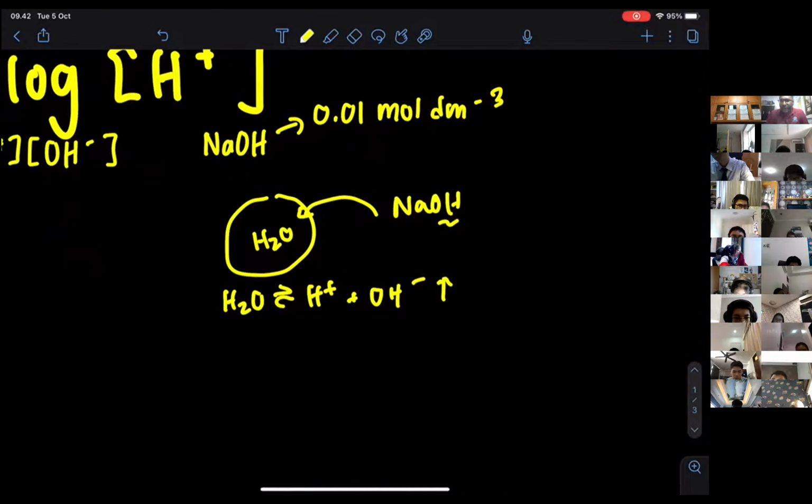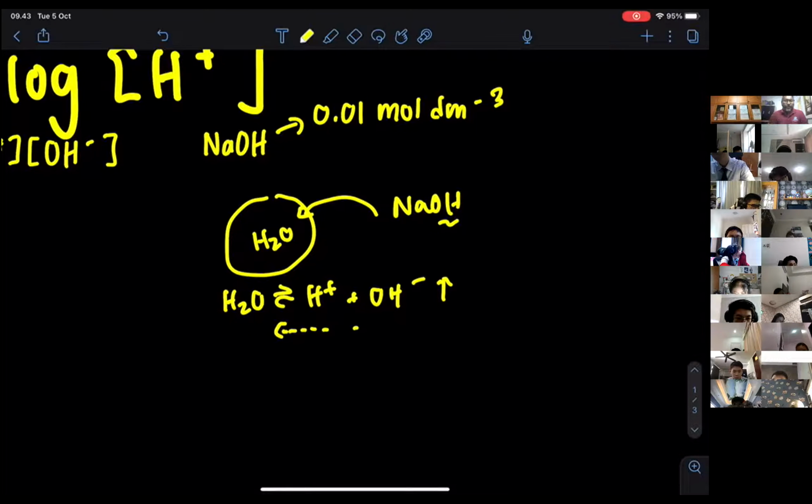And we know from LCP that when the concentration of OH- increases, the position of the equilibrium will be shifted to the left. But what we have learned also is, when you add sodium hydroxide, you increase the concentration of something, but your Kw or your Kc doesn't change. It remains constant.